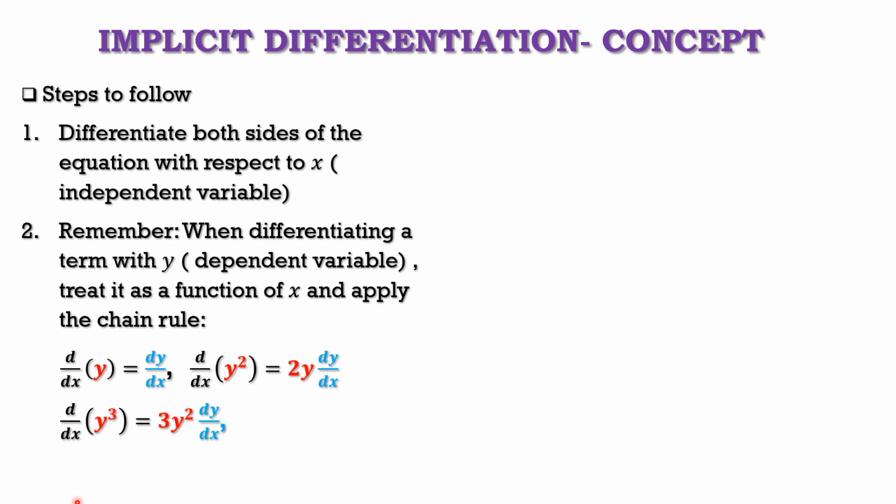The derivative of y cubed with respect to x will be 3y squared dy/dx. So generally for step 2, if I want to differentiate y raised to the power n, the result will be n y to the power n minus 1, times dy/dx.